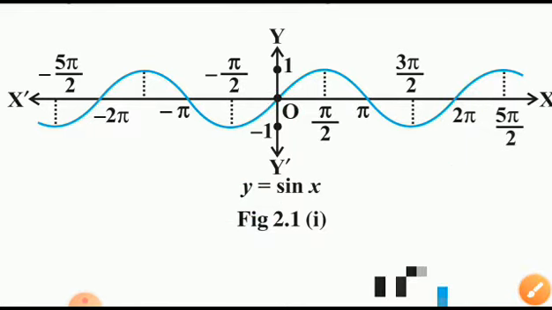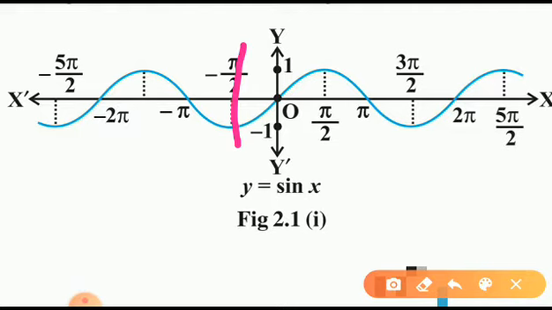So now I can take the part from minus pi by 2 to pi by 2. Now just check whether in minus pi by 2 to pi by 2, is it 1-1 and onto? Yes, because for every element I'll be having unique and distinct images. If I take two distinct elements here in the domain, I'll be getting two distinct images. Similarly, it will be onto, right?